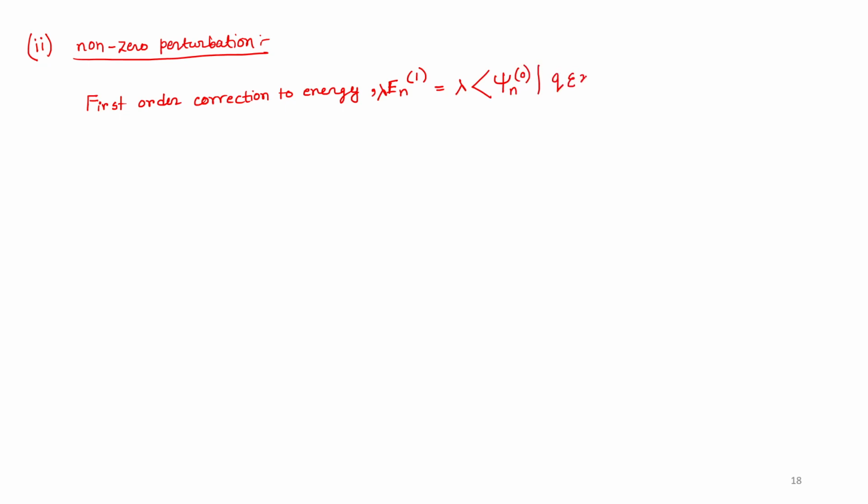Now it will be q epsilon x psi n zero. Now you see, this part is anti-symmetric, right? And both are psi n zero. Now if psi n zero is symmetric, and there could be two cases, anti-symmetric.